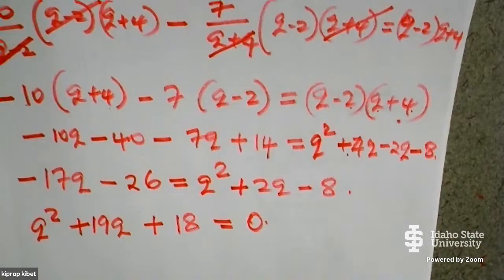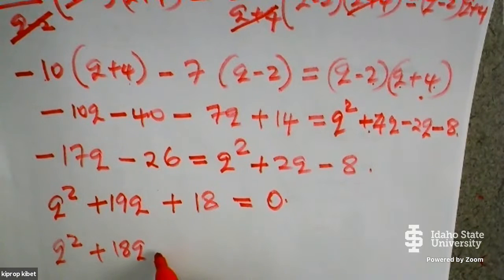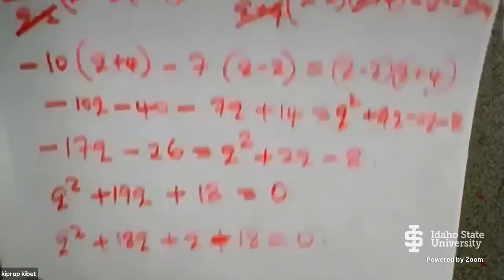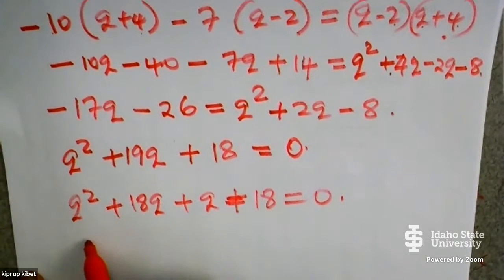So is it 18 and 1, right? Yep. So 18 and 1. So q squared plus 18q plus q plus 18 equals to 0. So you factor out the GCF there.